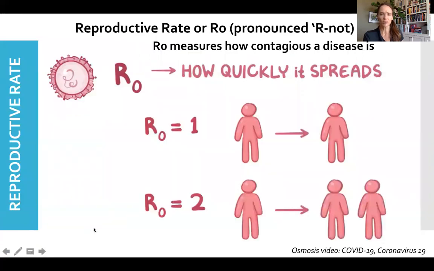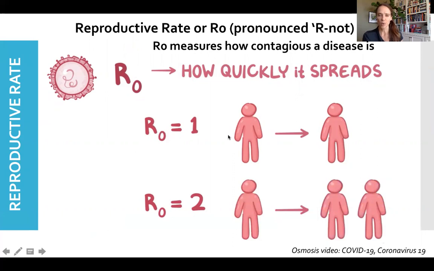So let's talk about the reproductive rate of a virus. This is something that epidemiologists, these are scientists who study how diseases are spread, use. The reproductive rate is a term that they use for how contagious a disease is, how quickly it spreads. And this R naught, it looks like an R with a subscript 0, we call that R naught.